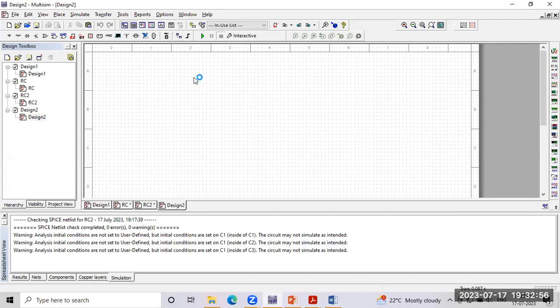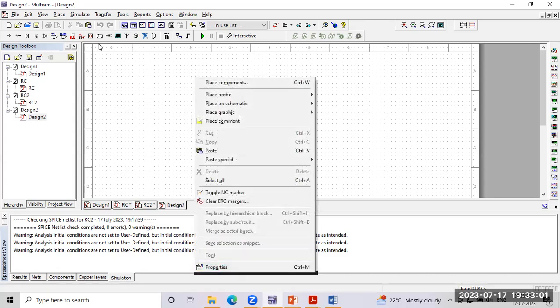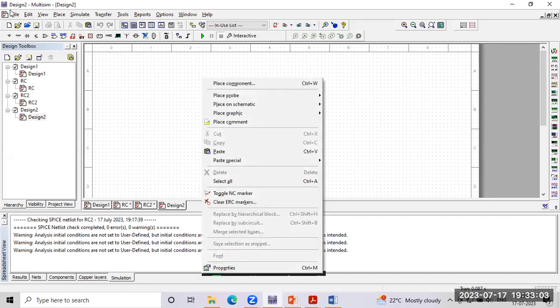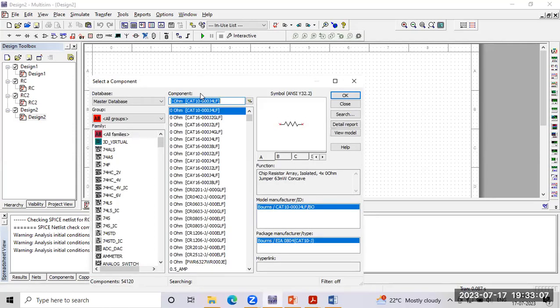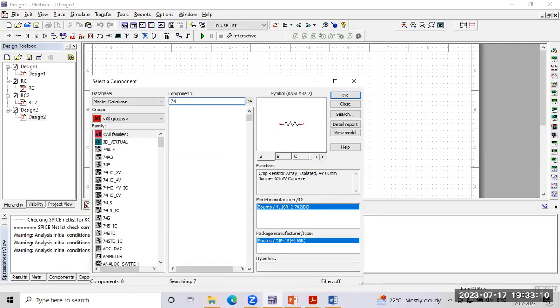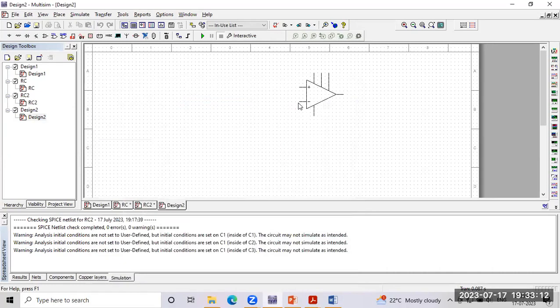First, we should select. We have to save. Then place component. Actually, we need a 741 IC.